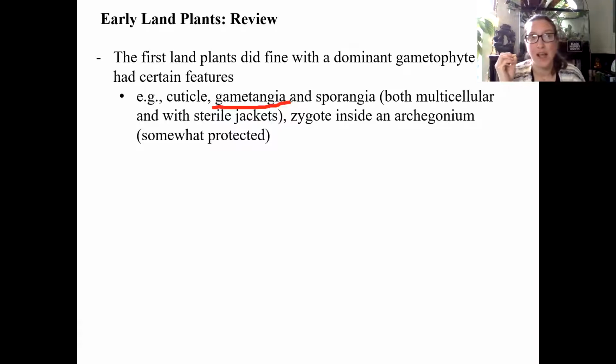Gametangia means organs that make gametes. So in the case here, organs that make gametes are your antheridia and archegonia. And sporangia is an organ that makes spores.